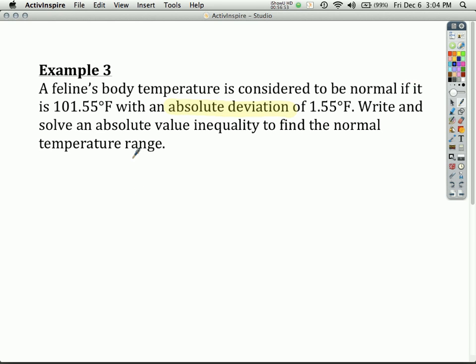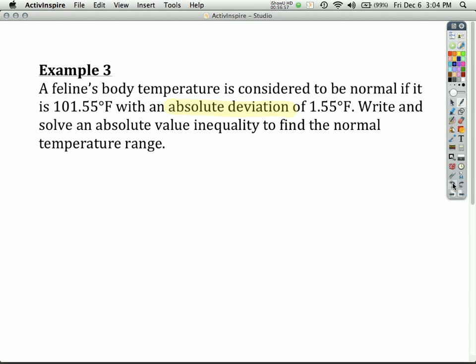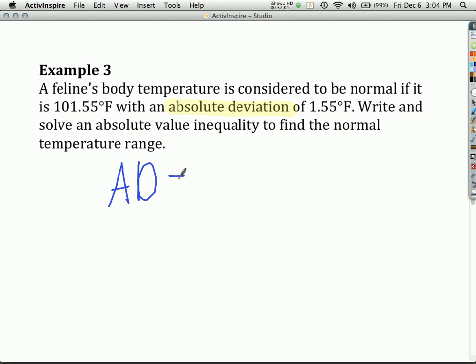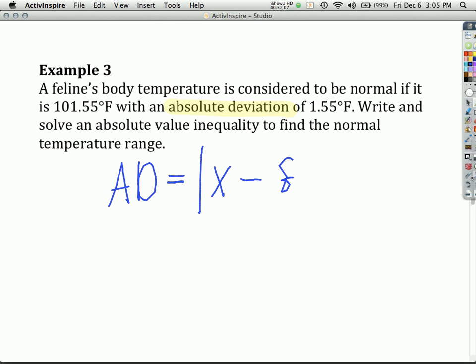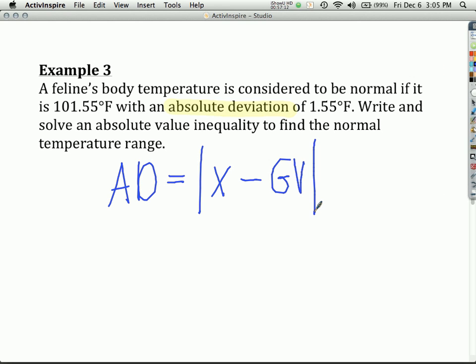But it was the absolute deviation, and I'm just going to use AD as an abbreviation. Absolute deviation equals the absolute value of x minus the given value. So that was a formula that we talked about last time. And you just had to figure out which number went in the right place.